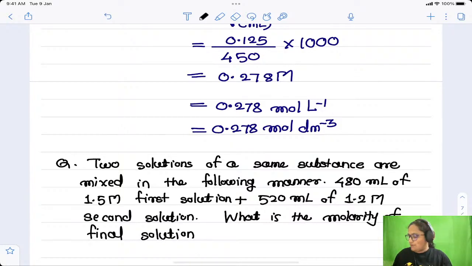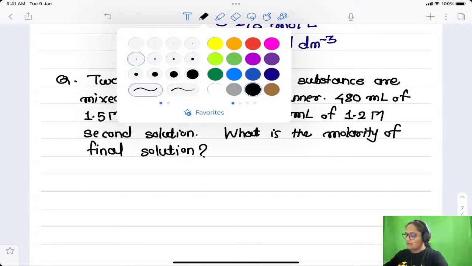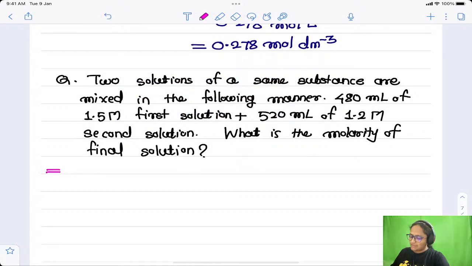First of all, for the final solution, the volume of the solution will be the addition of the volumes of the two solutions. First of all, we are going to calculate the volumes. So what will be the final volume, which can also be called the total volume? The final volume is equal to V1 plus V2. V1 is the first solution, V2 is the other solution.